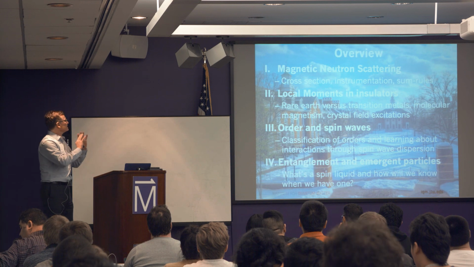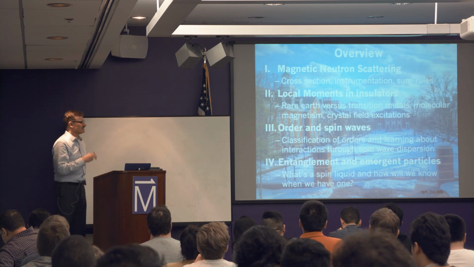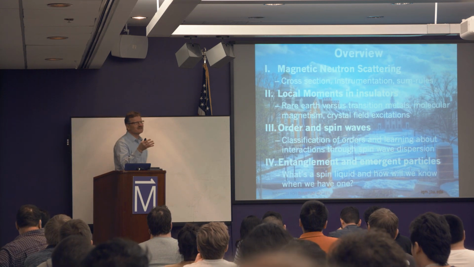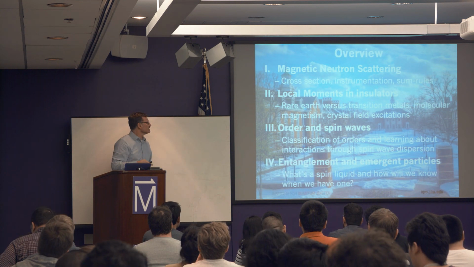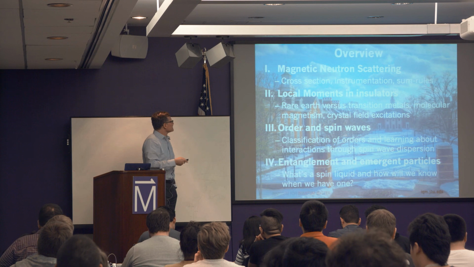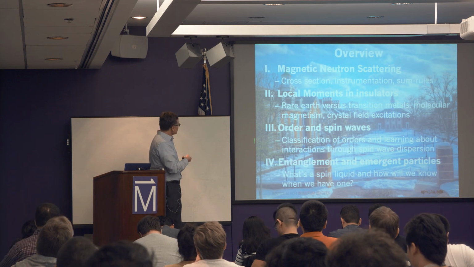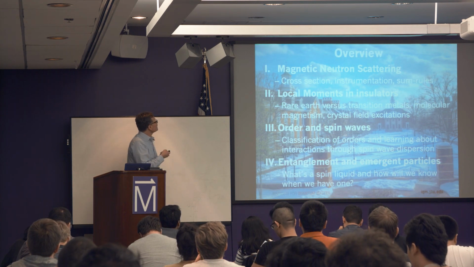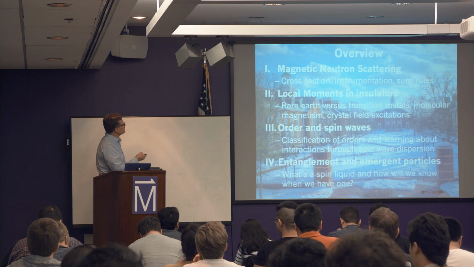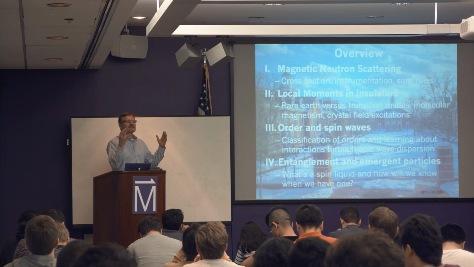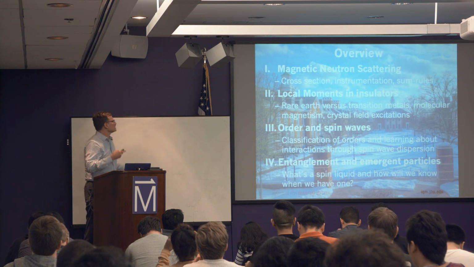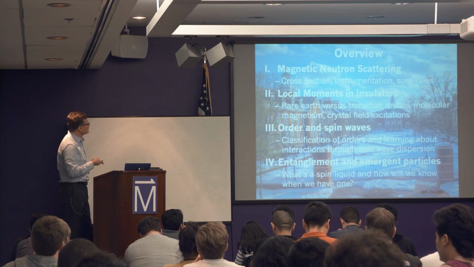My talk is actually going to be in 4 parts essentially, and I'm maybe trying to pack too much stuff in, and so maybe I'll skip ahead if I see the clock is running, or if your reactions are indicating that. But basically, there are these kind of chapters of the talk. So first, a bit about experimental technique, then about what a local moment is in an insulator and how we can actually probe its properties with neutrons and other methods.